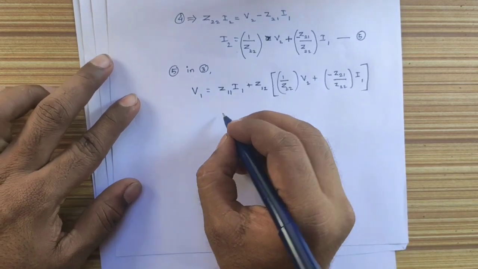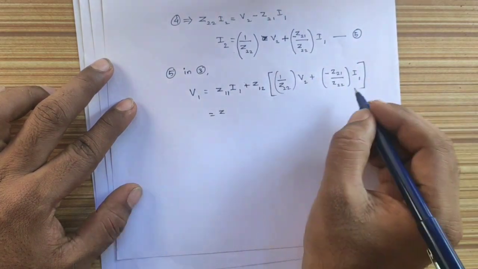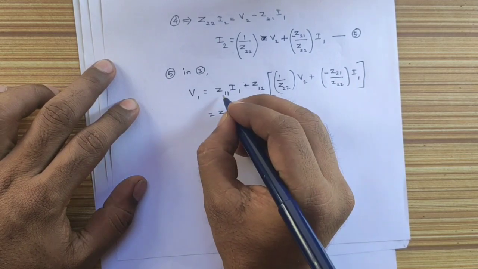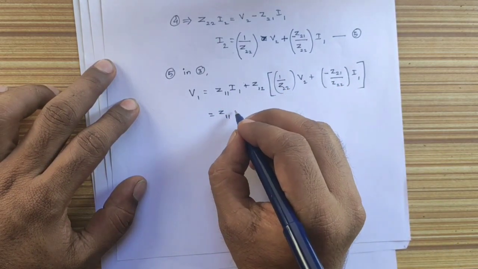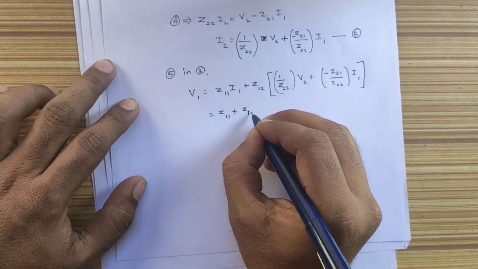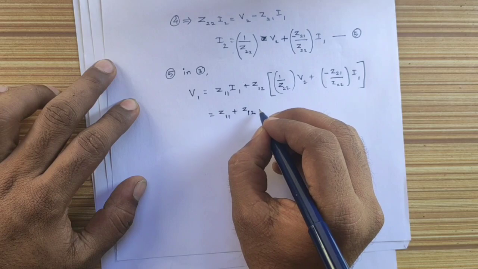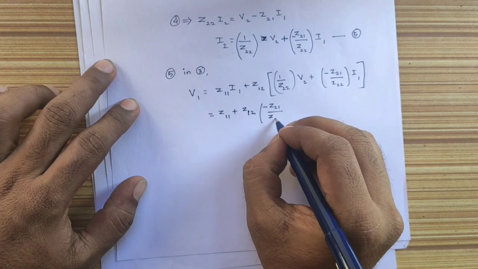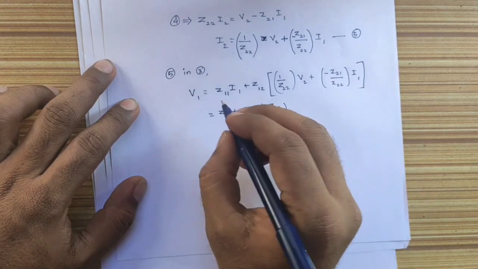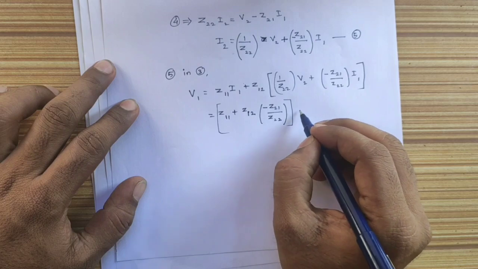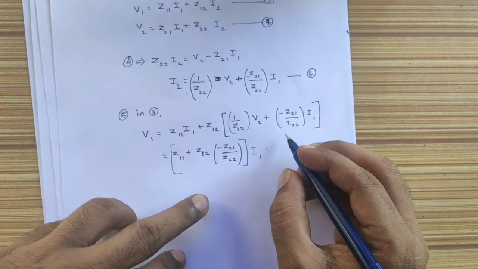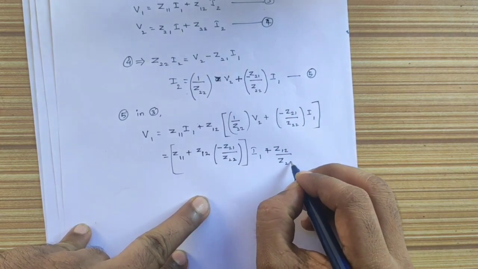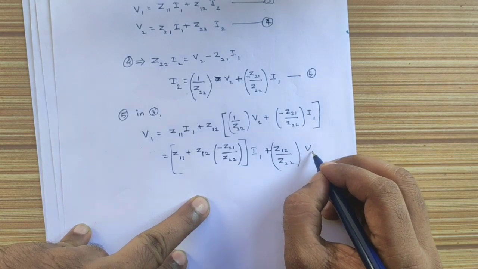I am modifying this equation by taking the I1 terms separately and V2 terms separately. The I1 terms are Z11 plus Z12 into minus Z21 divided by Z22, with I1 as the common term taken outside, and plus Z12 divided by Z22 of V2.